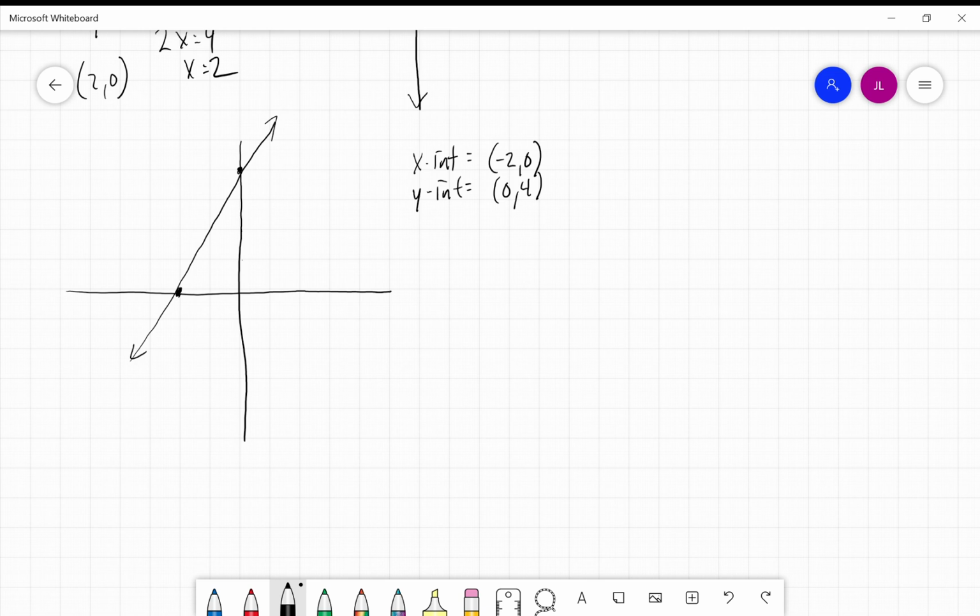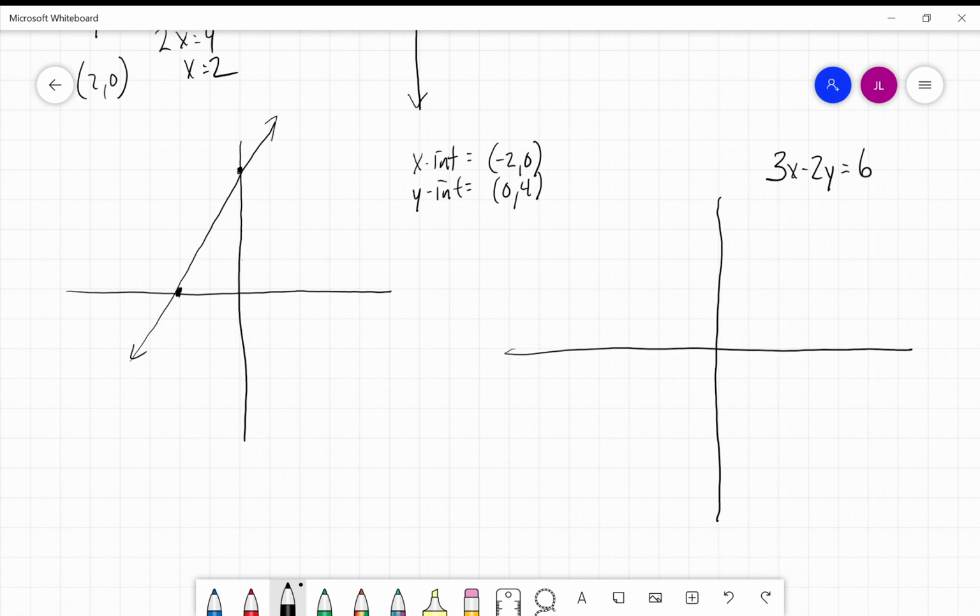Let's do one more here, because I want to make sure everybody's okay with graphing using intercepts. This one will be a little different. Let's say 3x minus 2y is equal to 6.